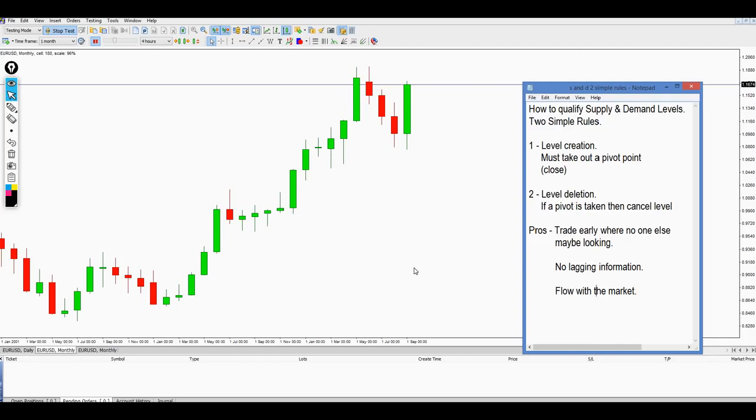So the pros to this is you can trade early where no one else may be looking. There's no lagging information because you're using just pure price action. You're not looking at any indicators, moving averages, support and resistance, going all the way back across the chart. You're using only the most recent price action, which means you are then in the flow with the market at that moment in time.